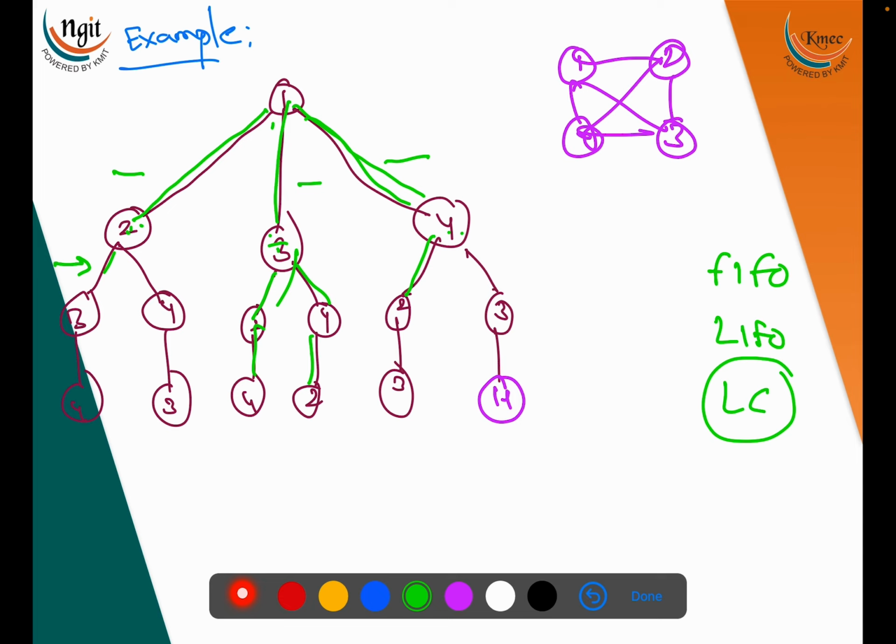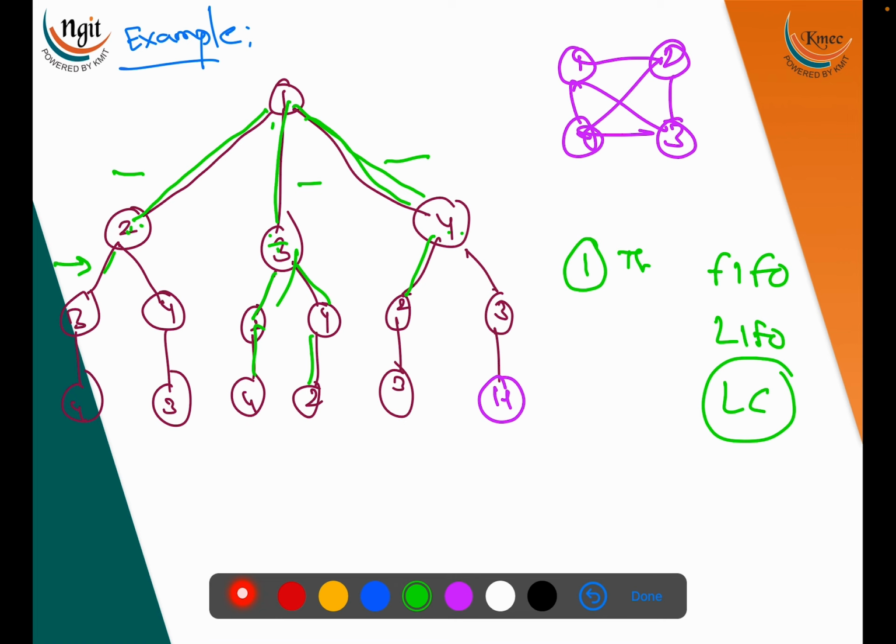Now let's understand the differences between backtracking and branch and bound in the same example. So backtracking and branch and bound are similar. Both use a state space tree, but the approach for solving a problem is quite different. Now let's see, the first difference is what?